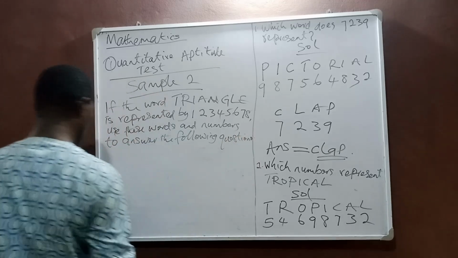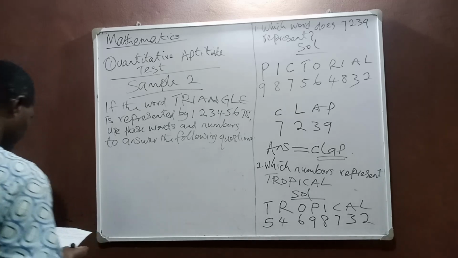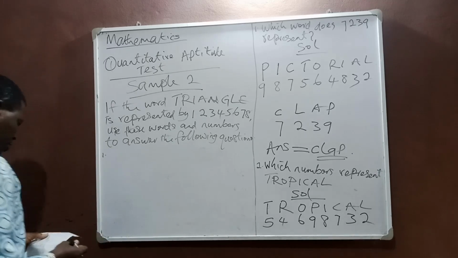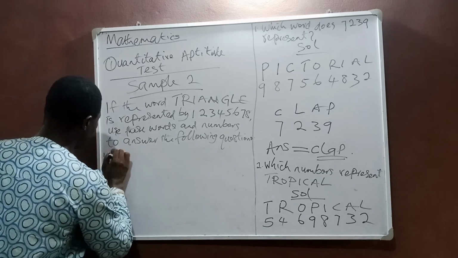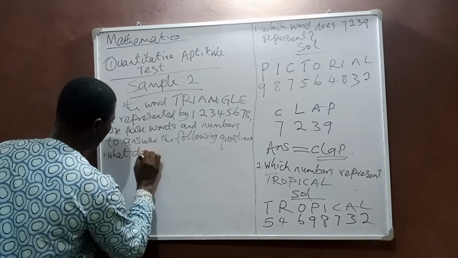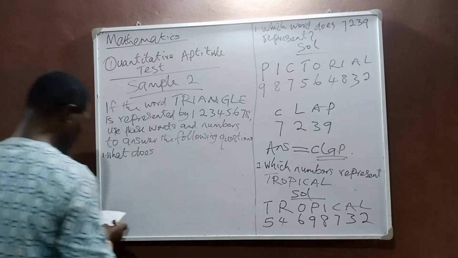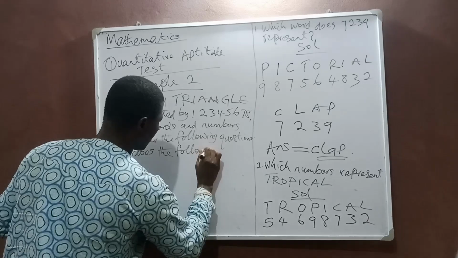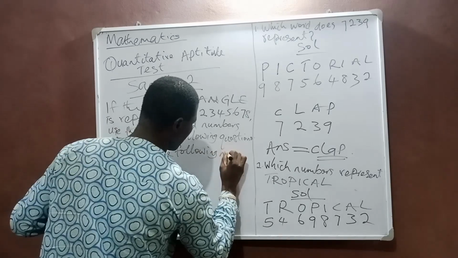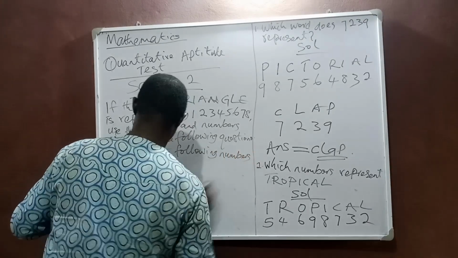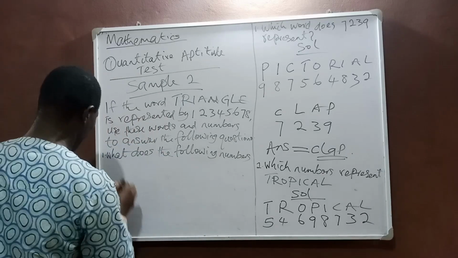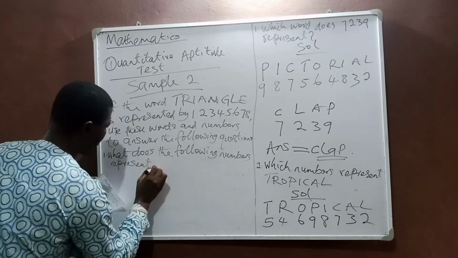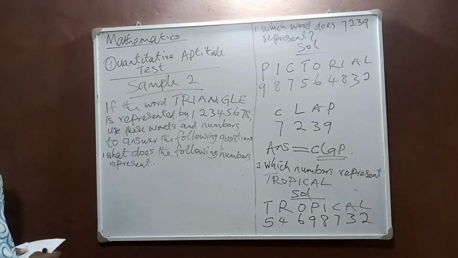To answer the following questions. Where are the questions? Watch. Number 1. What do the following numbers represent? This is the first question now.